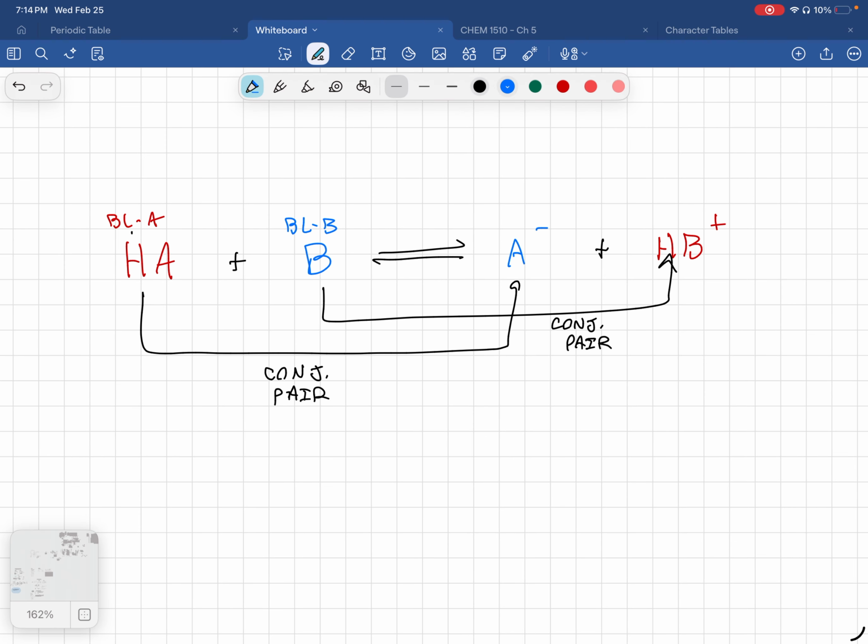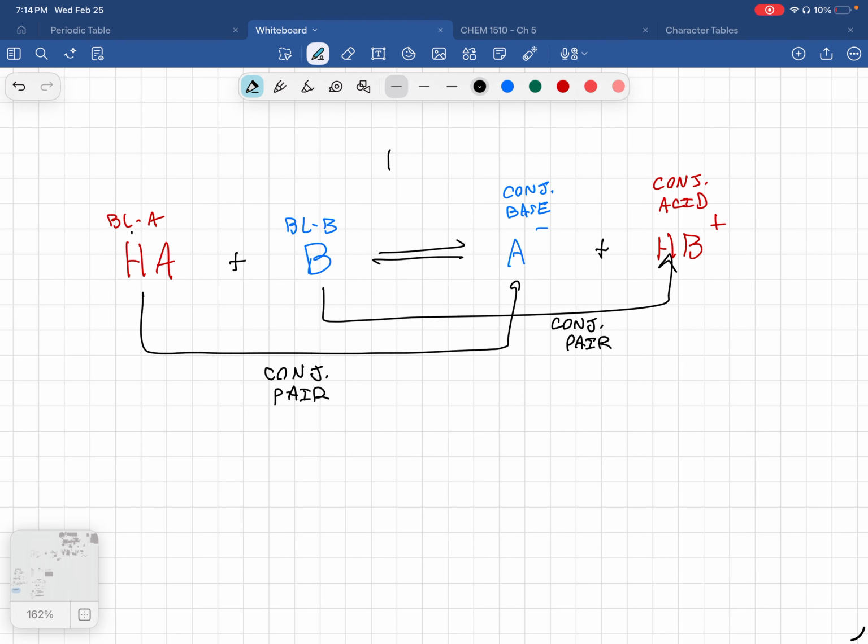So HA, which is a Bronsted-Lowry acid, becomes its conjugate base form A- because it lost the proton, and thus B, our Bronsted-Lowry base, in accepting a proton, becomes its conjugate acid form.